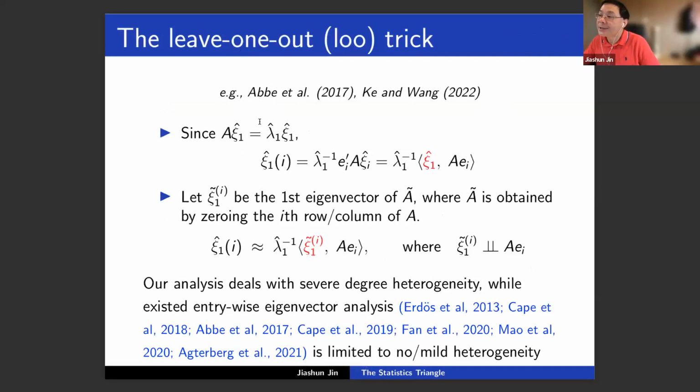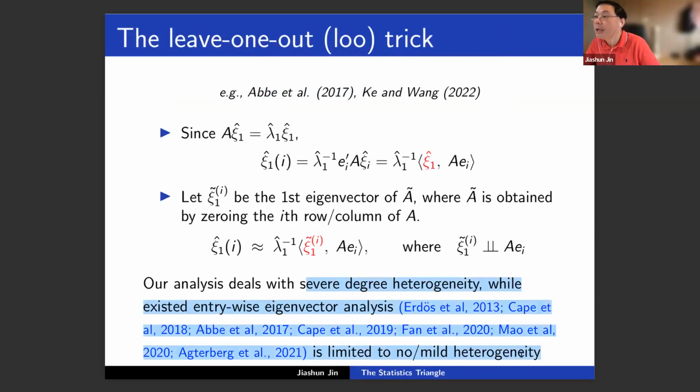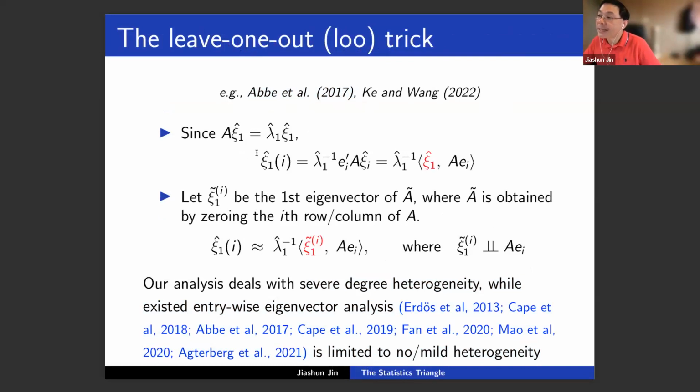To analyze these eigenvectors, we need to use the leave-one-out trick. A lot of people use this kind of technique to analyze eigenvectors. The basic idea is this. For example, you take the first eigenvector and the adjacency matrix, and they are correlated.